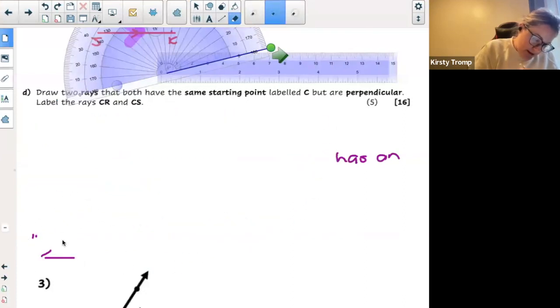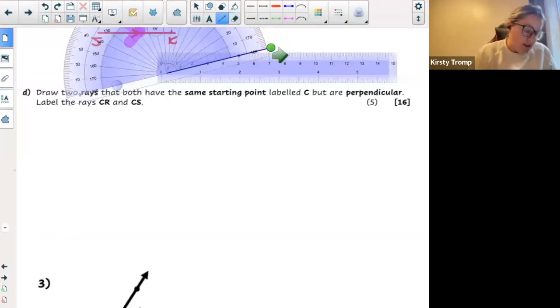All right, so we are going to have a look at this question now. It says to us, draw two rays that both have the same starting point, labeled C, but that are perpendicular.